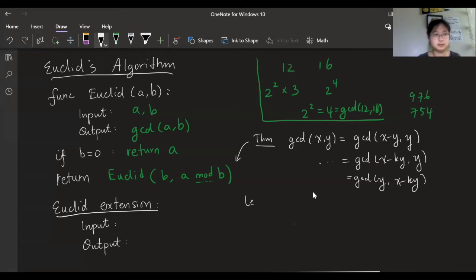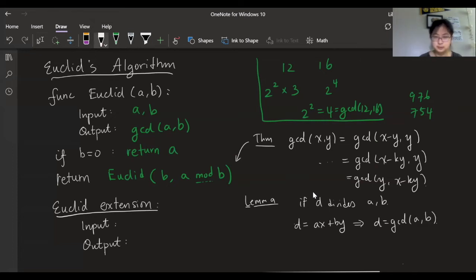So there's this lemma that tells us that if D divides two numbers A and B, and D is equal to some linear combination AX plus BY, then I better have that D is the greatest common divisor of A and B.